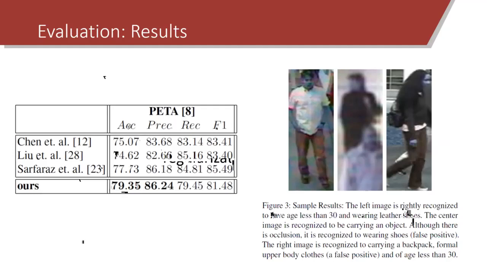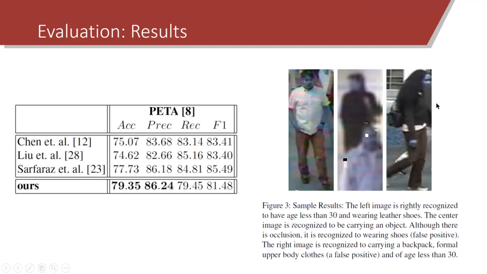This is just a sample where we're showing 3 images. The picture on the left is rightly recognized to have age less than 30 and wearing leather shoes. The center image is recognized to carry an object, even though there is quite a significant occlusion.